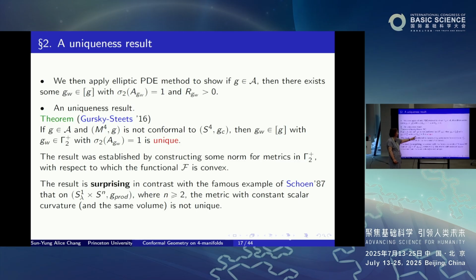This uniqueness shows this metric is really the canonical metric in 4 manifolds. The result is surprising, especially in contrast to the work of Rick Schoen, which shows that on S1 of lambda cross Sm with product metric, when lambda is very big, the Yamabe solution is not unique. There are different solutions, while for sigma 2, the solution is unique.